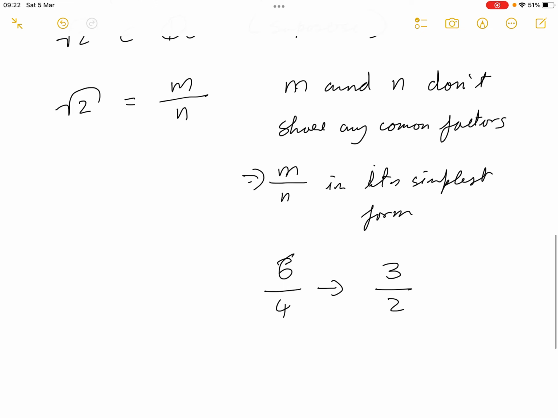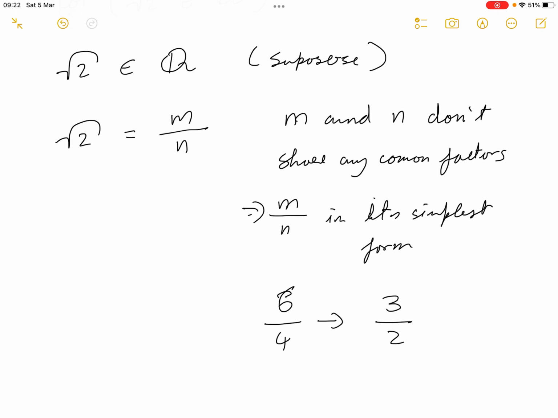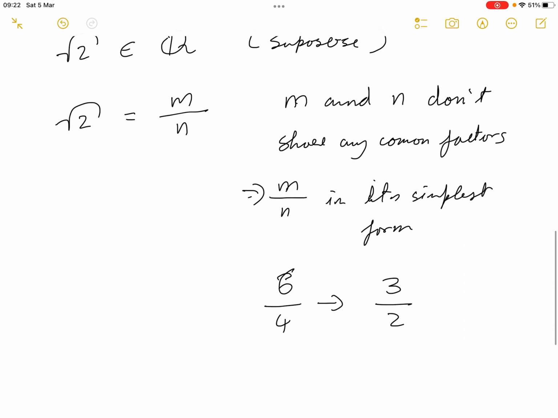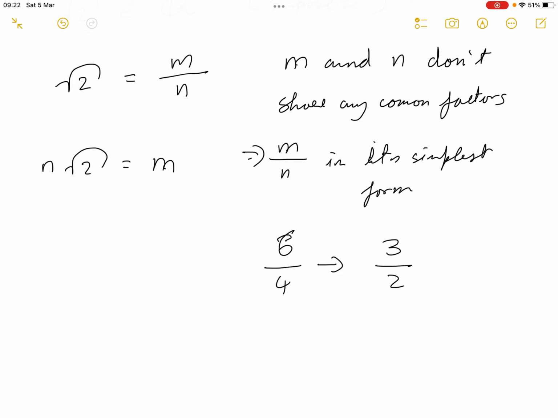So how do we show that m and n have a common factor, even if we say it's in its simplest form? How do we show that? Well, we can do it by first bringing n up, so we multiply both sides by n, and now we square both sides.